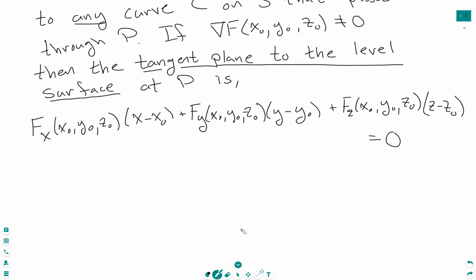So this is a way for us to figure out what the tangent plane of a surface is rather than just a function. I know we went through a lot, but remember when we were finding the tangent plane of a surface that was generated by z equal to a function of x and y, right? So that's a function. What if I wanted to find the tangent plane to a sphere?